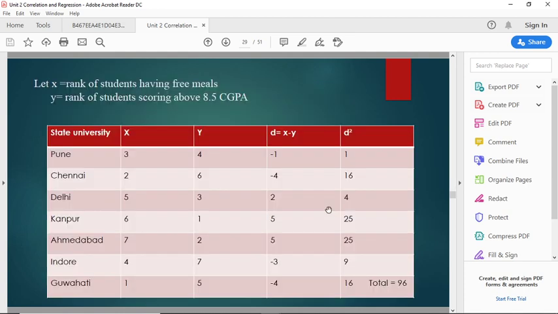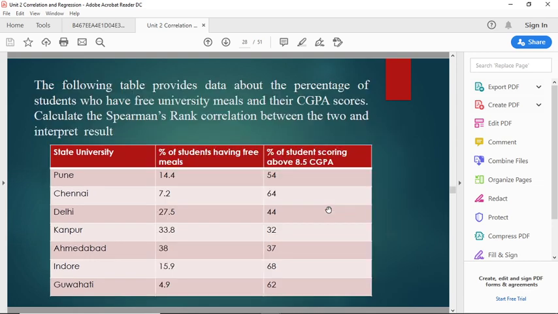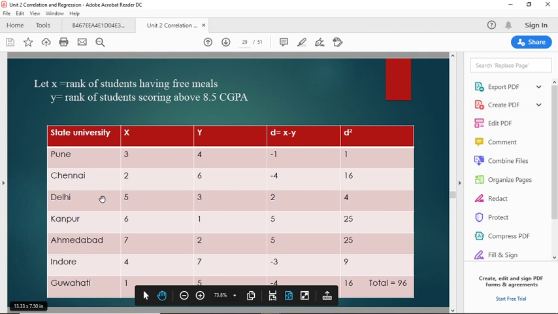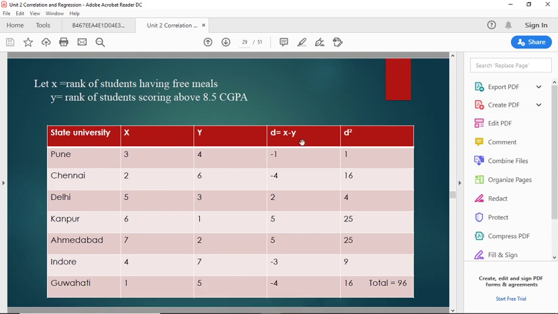The example we discussed in the last lecture had this procedure: if the data is actual data, we first convert it to ranking form by taking the highest value as 1 or the lowest value as 1. Then we take d as the difference x minus y, and then take d square, and we need the total of the last column, sigma d square.